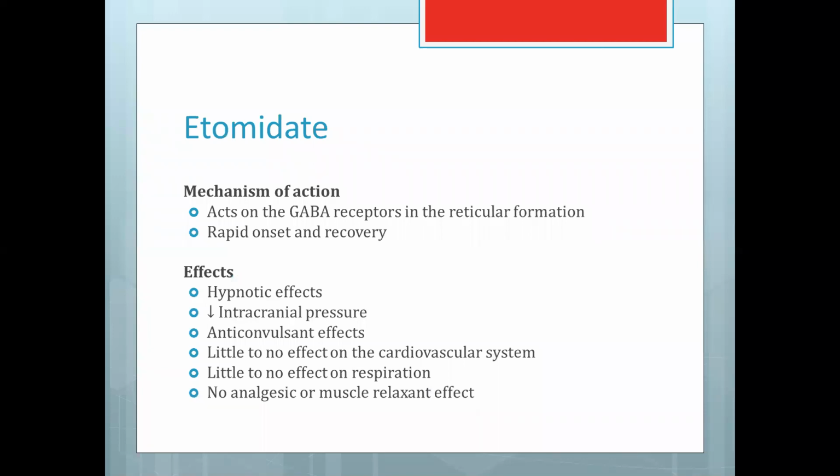Then etomidate. Mechanism of action: it acts on the GABA receptors in the reticular formation, leading to rapid onset and recovery. Effects are hypnotic effects, reduced intracranial pressure, anticonvulsant effects, little to no effect on the cardiovascular system, little to no effect on respiration, and no analgesic or muscle relaxant effect. One thing you need to know is that if a patient has a cardiovascular problem, etomidate is the best drug to use.